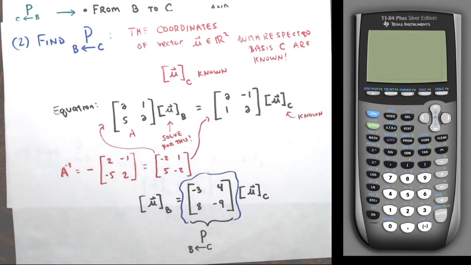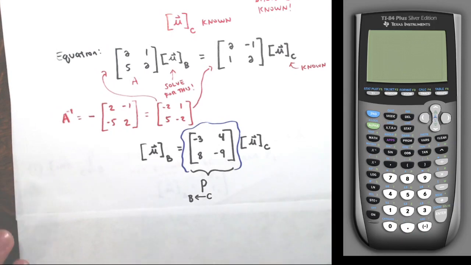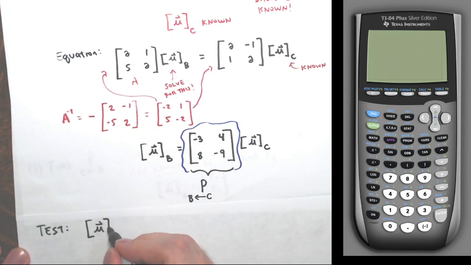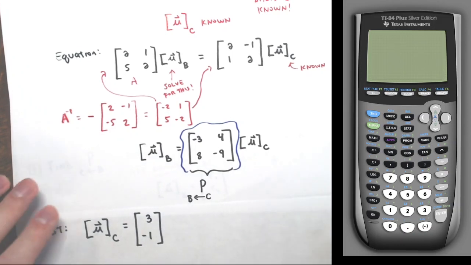So let's test this. Suppose I know that the coordinates of some vector u in R2 with respect to basis C are 3, negative 1. Why not? Just make something up.